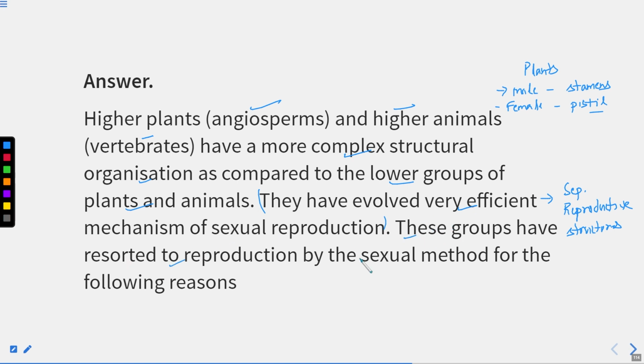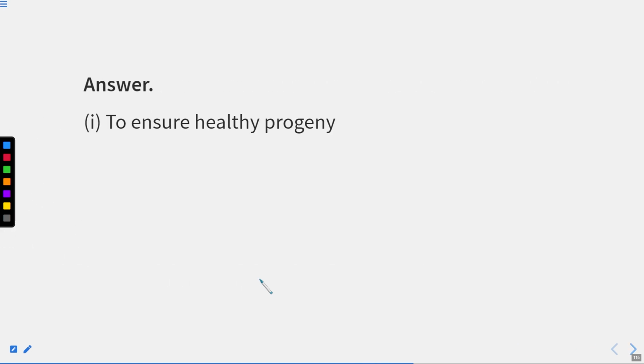Now, these groups have resorted to reproduction by the sexual method for the following reasons. So let's have a look at the reasons. The first reason is to ensure healthy progeny. During sexual reproduction, characteristics of both male and female are combined.